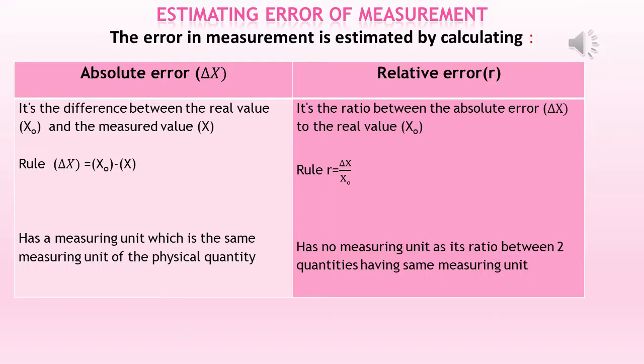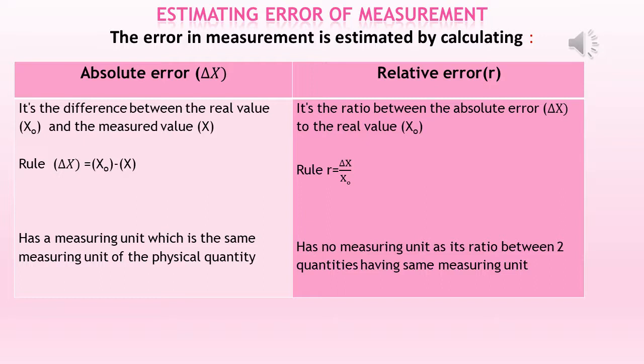The rule of absolute error is x naught minus x, or x minus x naught, because we just need the error, not the direction, only the size of the error. So the absolute error is the difference between the real value and the measured value, and of course it has a measuring unit: 164 centimeters and 170 centimeters differ by 6 centimeters.